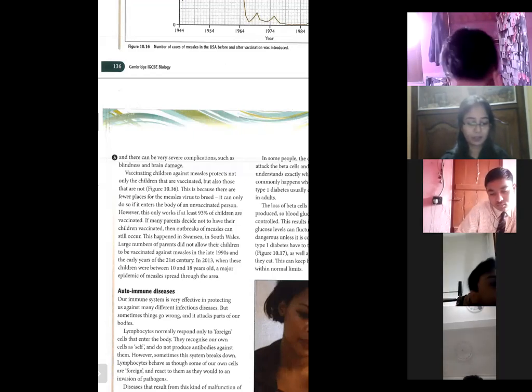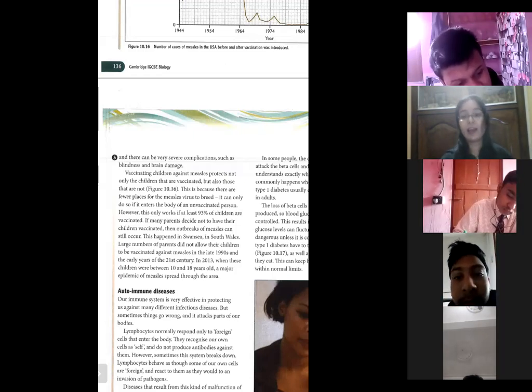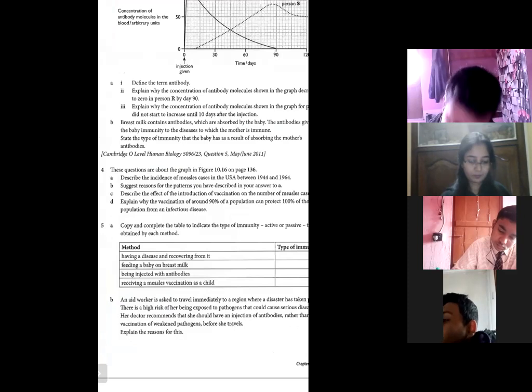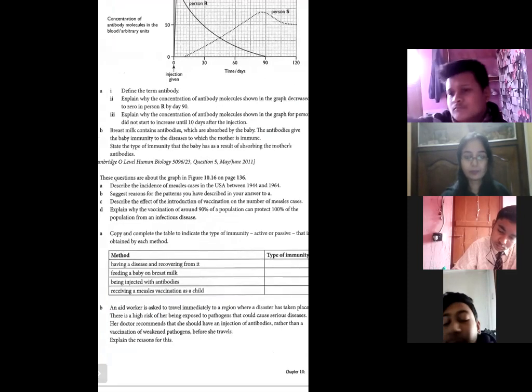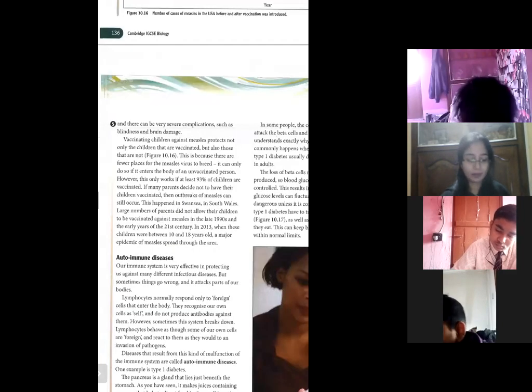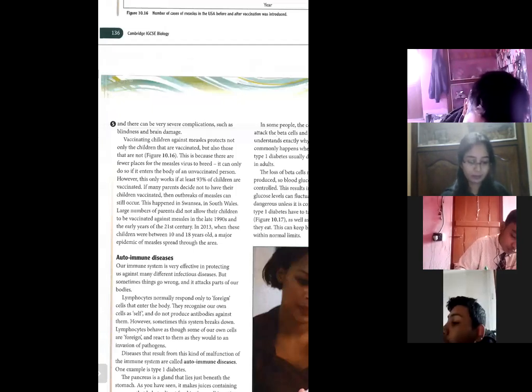The vaccination of around 90% of a population can protect 100% of the population from an infectious disease, as vaccinating only 90% of the population will protect everyone against the infection.